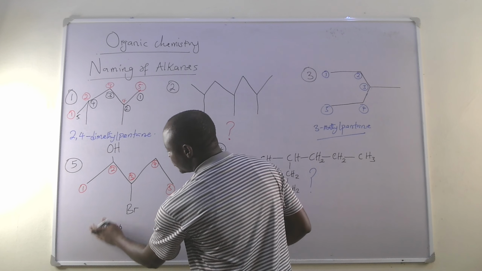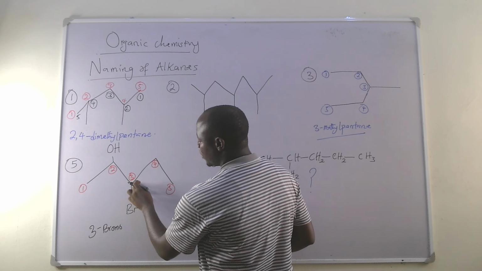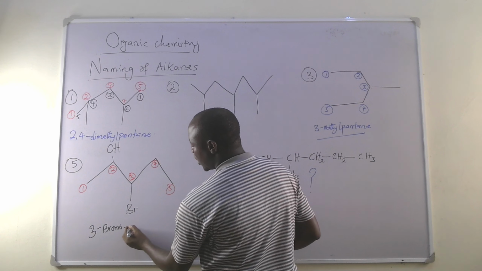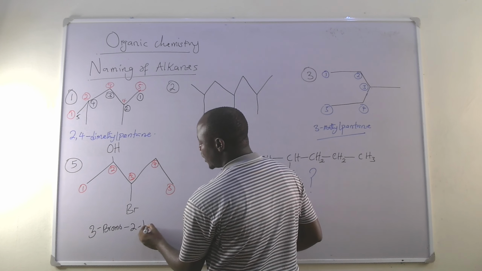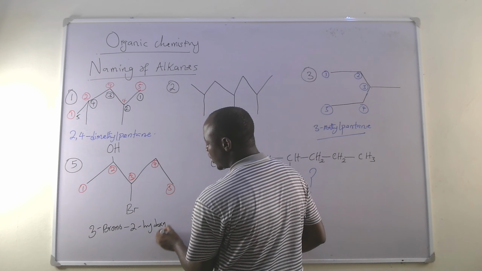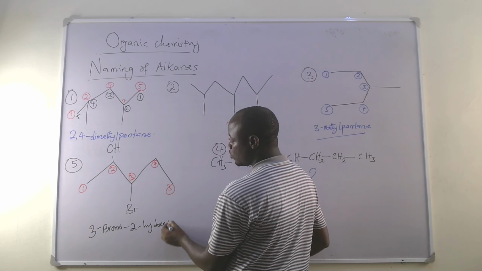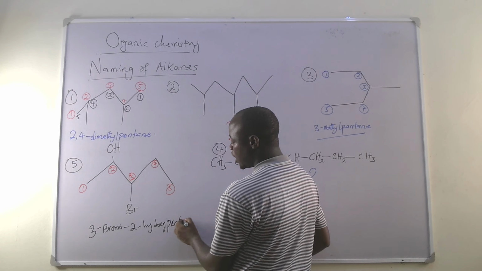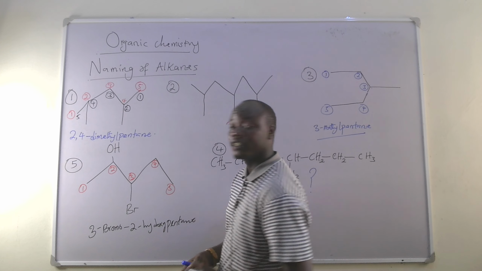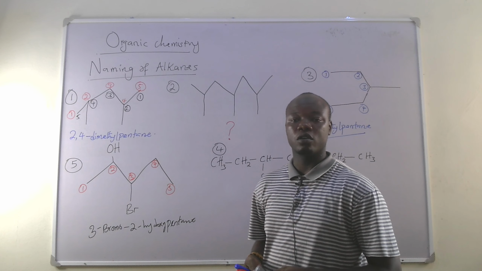Sorry, 3 bromo, because the bromo is at carbon 3. So we have 3 bromo, and then we have 2 hydroxy, and the parent name is 5 carbons, so it's pentane. This is the name of this compound.